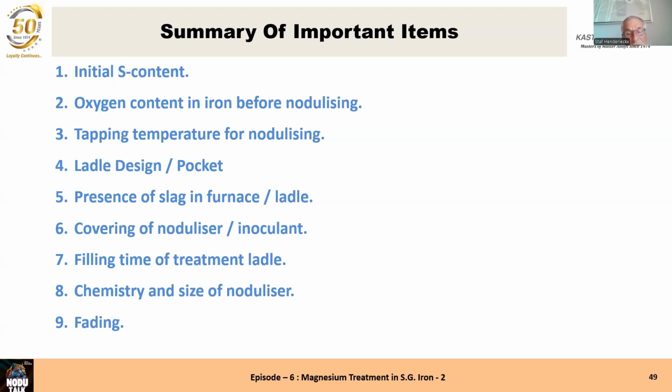Many times you see people using a ladle 2-3 times one after another without cleaning it. Please don't do it, because there will be an interaction. Then the covering of the nodulizer and the inoculant, the filling time of the treatment ladle, the chemistry and the size of the nodulizer, and the fading. These 9 elements are the important elements for our nodulizing.